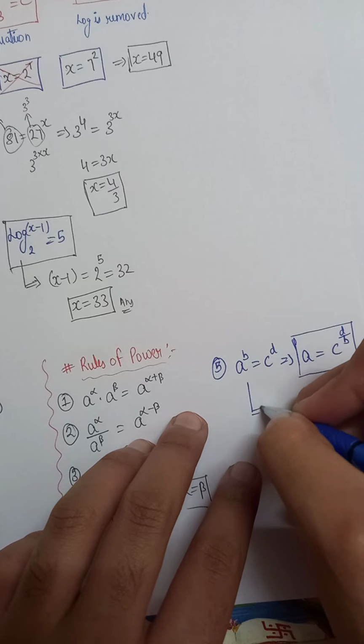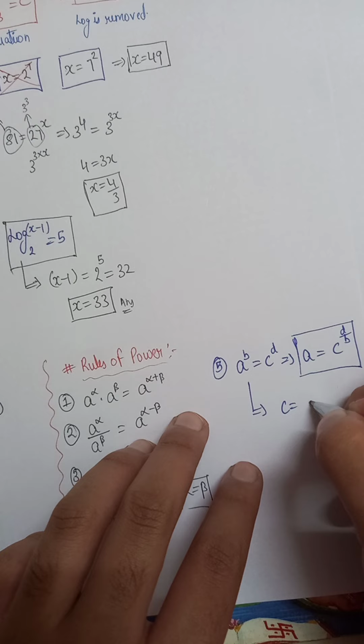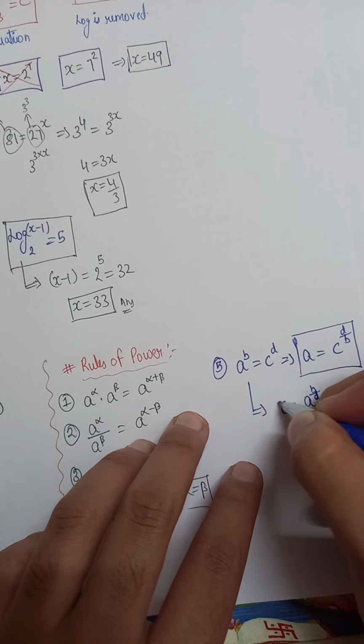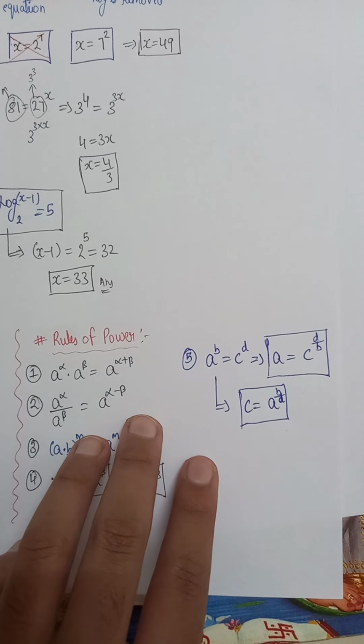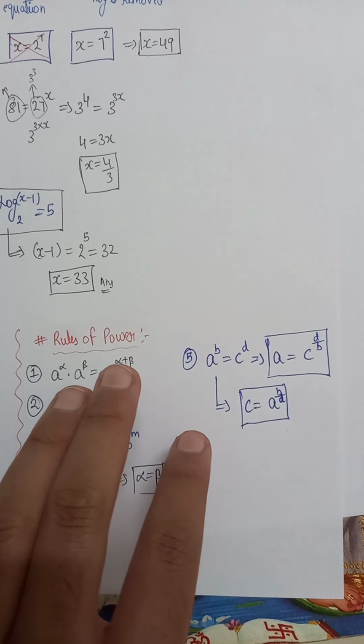Or it can also come as c is equal to a to the power b by d. Okay. I hope you understood all the concepts which I taught you.